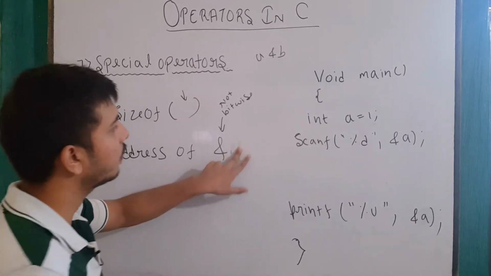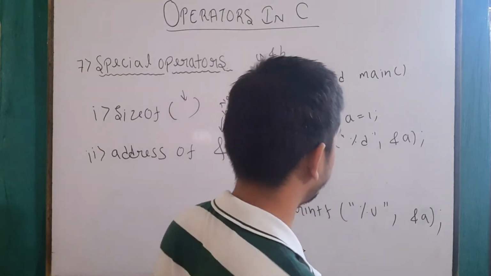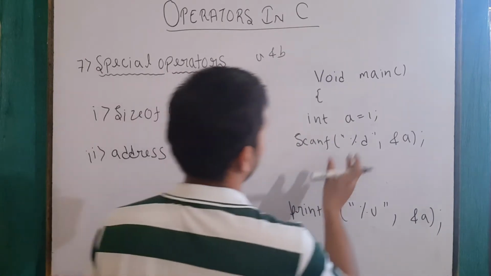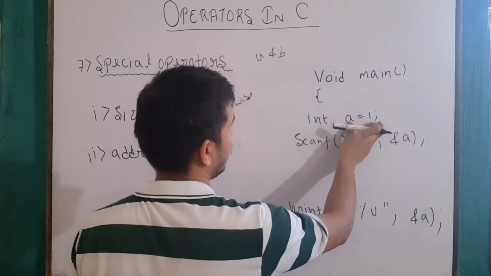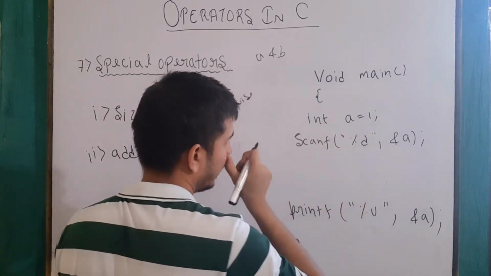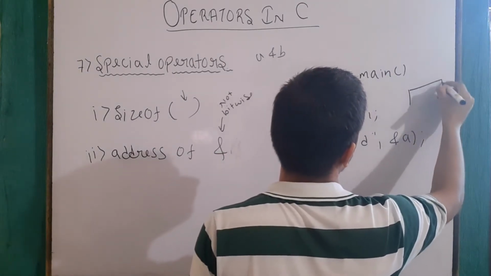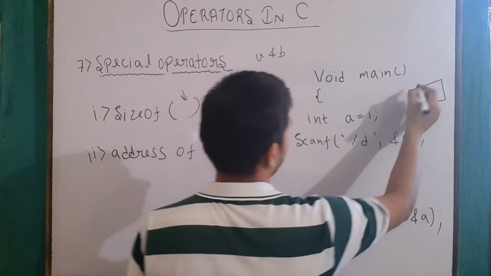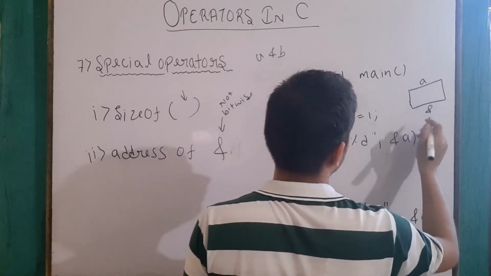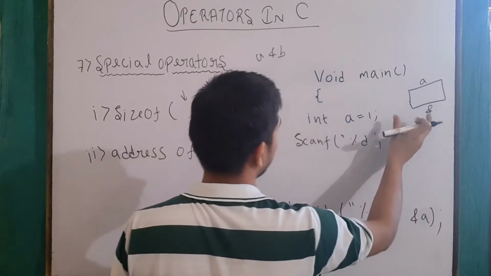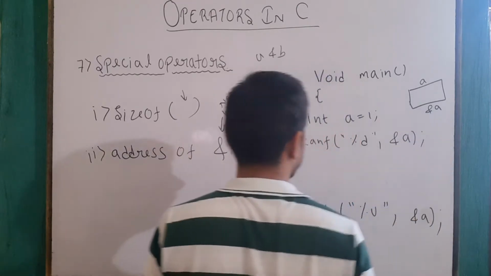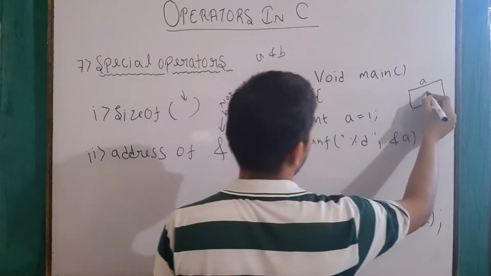Now what happens when I do the scanf of a variable? For example, let's say I had defined a variable with a equals 1. It means that some memory location will be given to it, and that memory location must have some address, and the value of a is 1.